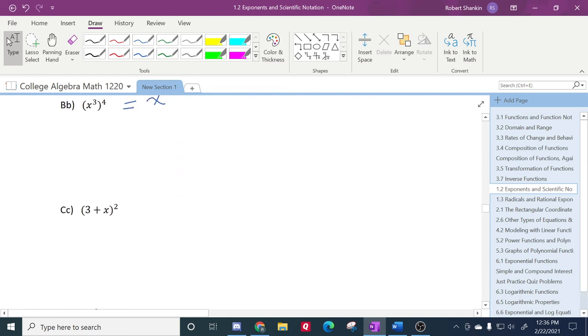Do part C. 3 plus x squared, get rid of the parentheses.